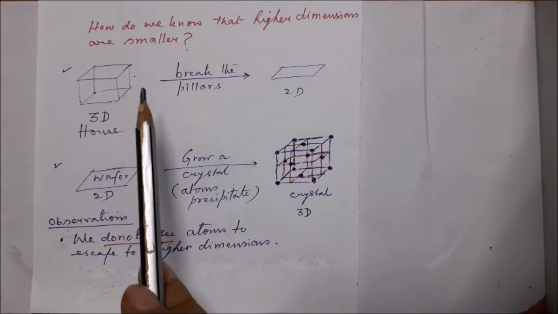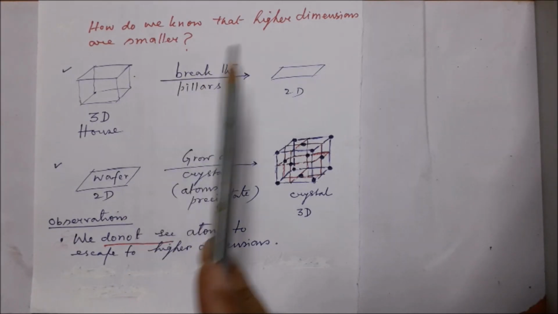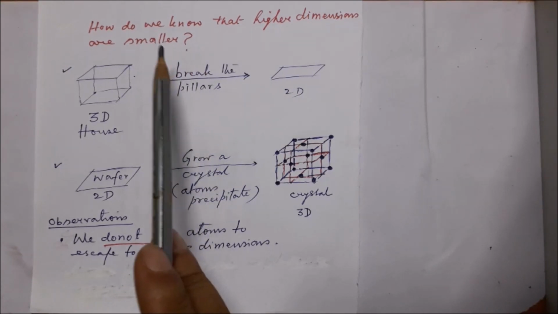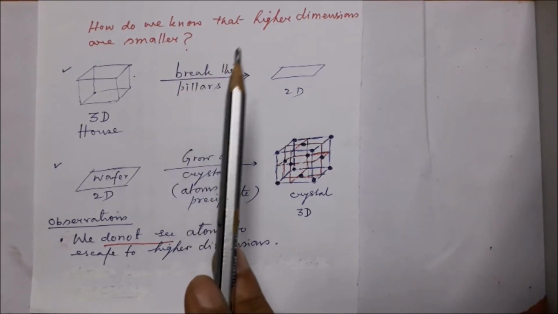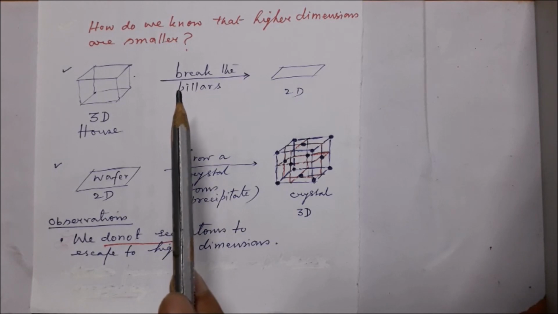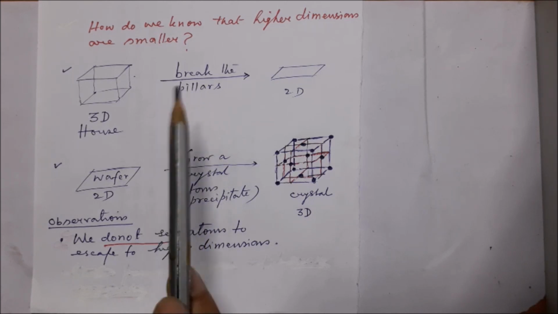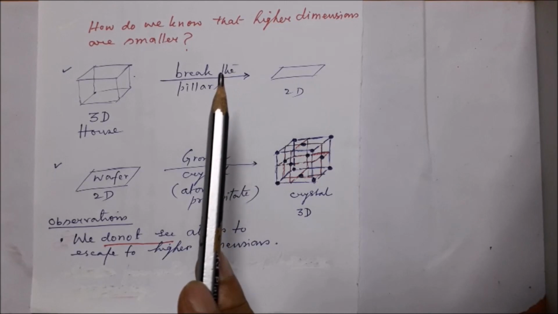Again, we said that the higher dimensions are smaller. Now, what is the reason that they are smaller? Of course, the logic that since they are not discernible, not observable, so they must be small. But we wish to have a better logic, better reason.